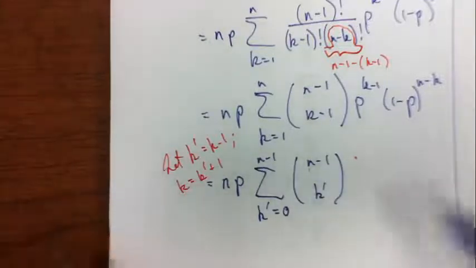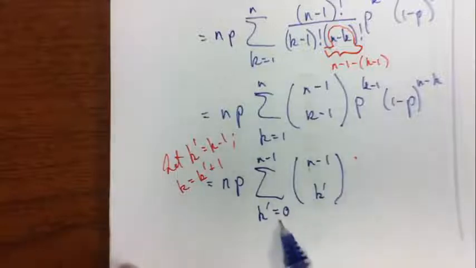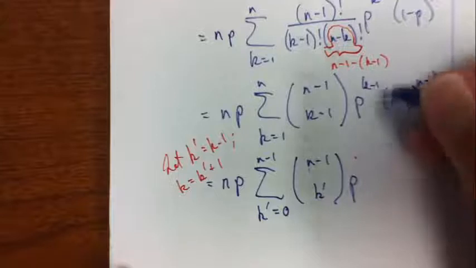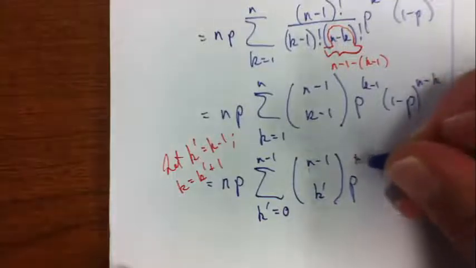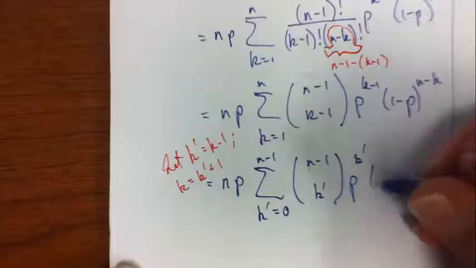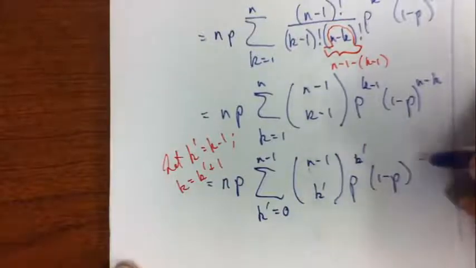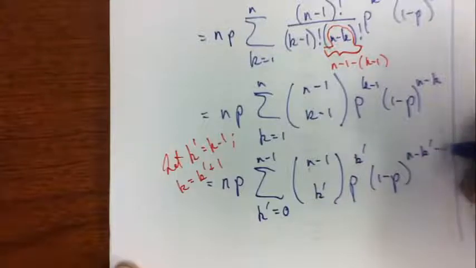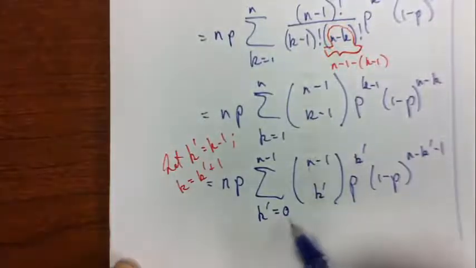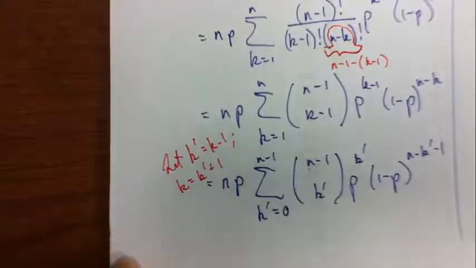That's good. So then what does that make this? Instead of p to the k minus 1, it's p to the k prime. Then I'll have times 1 minus p to the n minus k prime minus 1. Now, look at this. I have this dummy variable going from 0 to n minus 1.